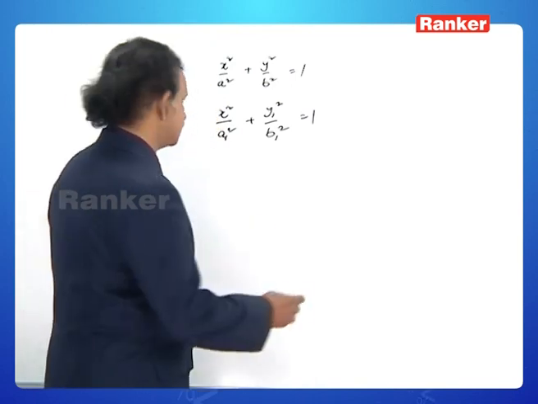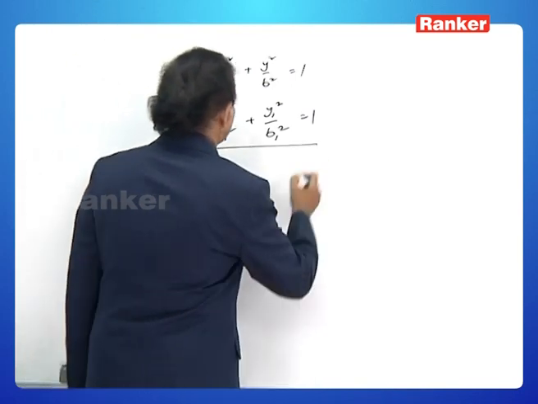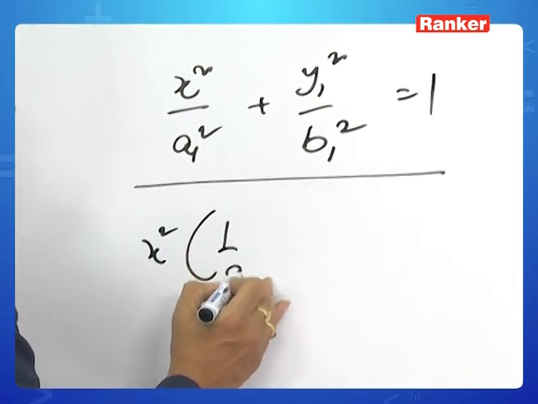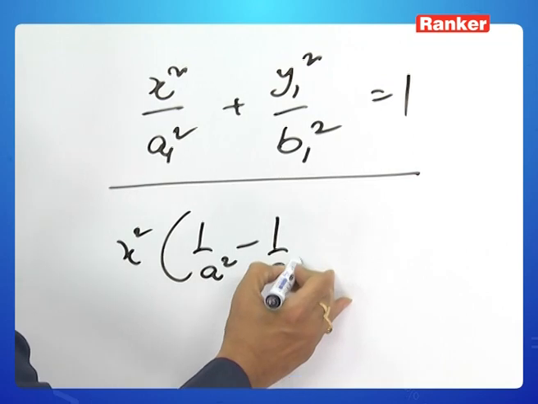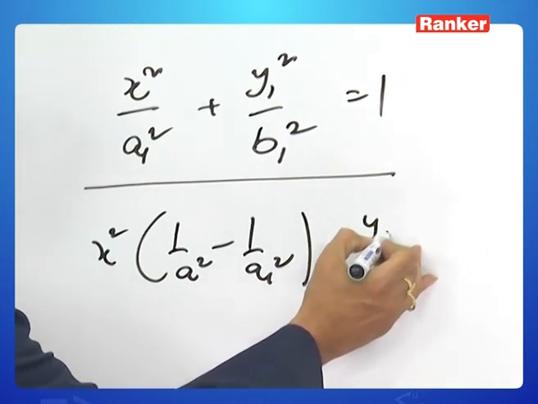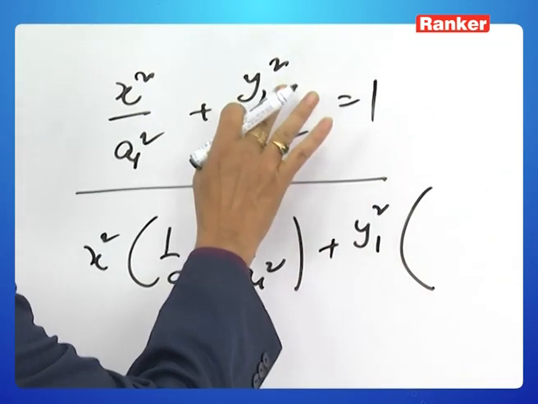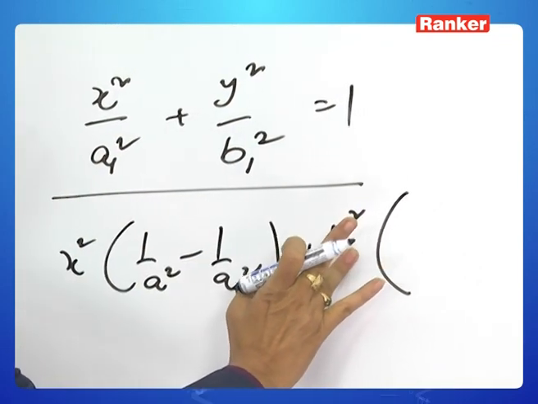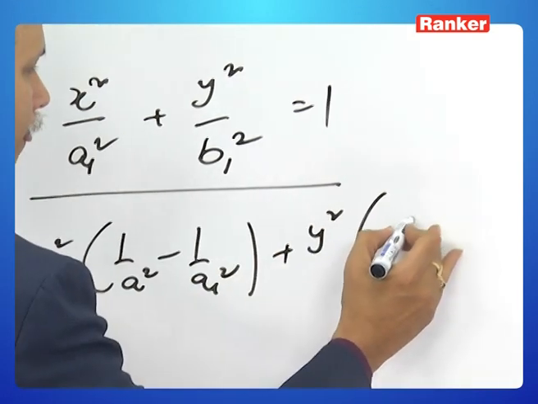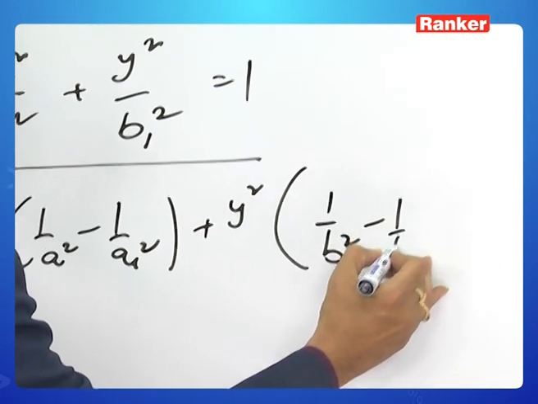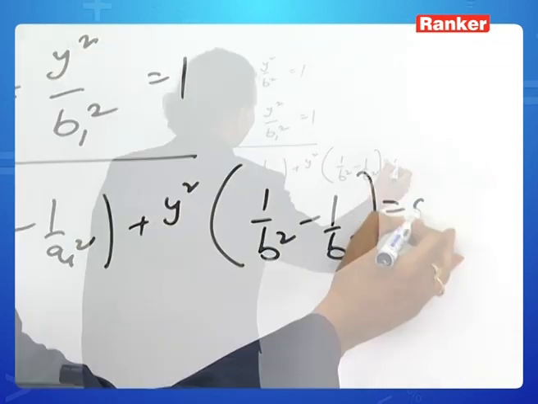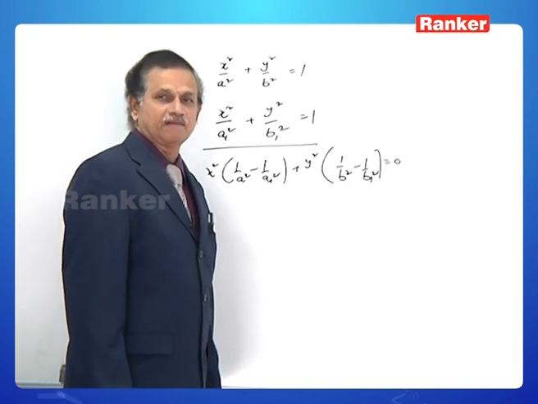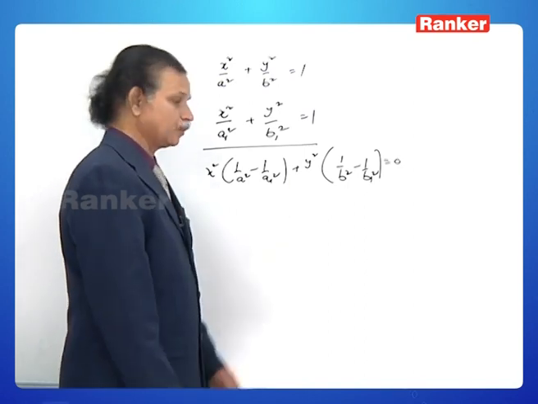First of all, subtract this. What happens? x square into... therefore, the point of intersection of these two curves should satisfy this equation.